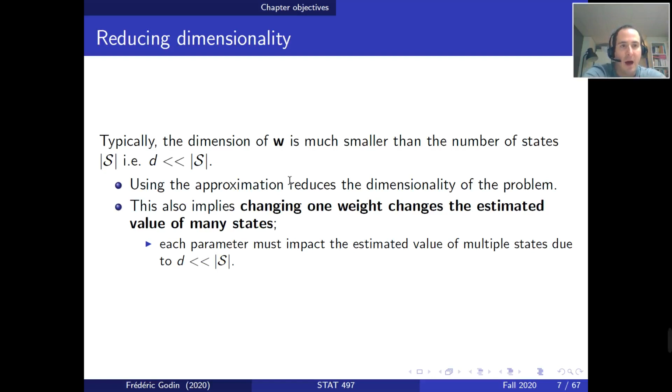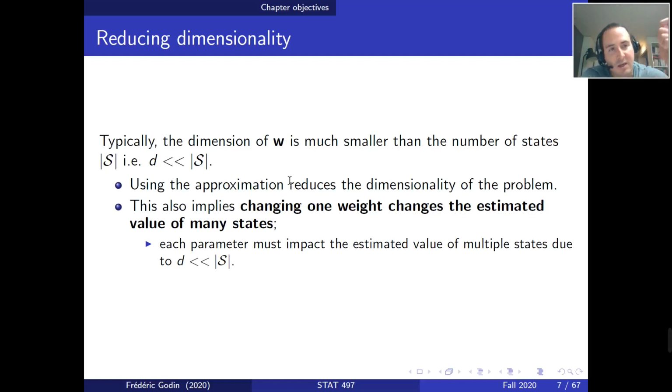So now one key issue or key feature of the algorithms which will change by introducing approximation is the following. In algorithms of the previous chapters, the tabular algorithms, when we modified the estimated value of one state, the estimated value of all other states did not change.